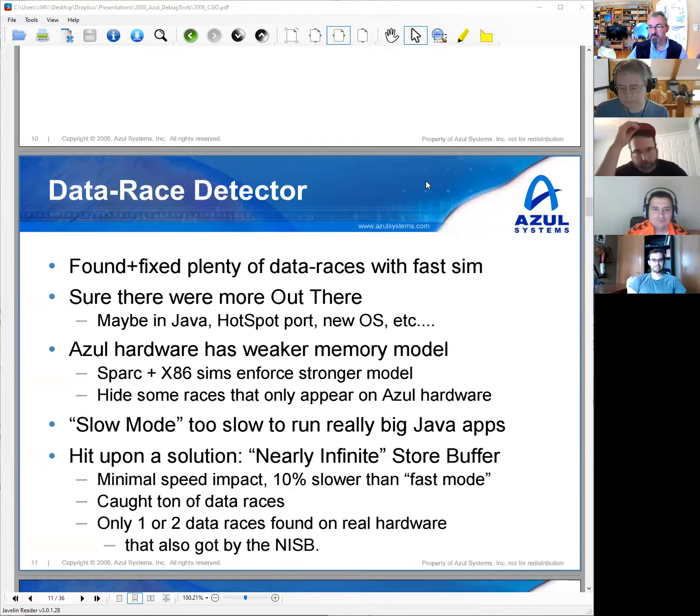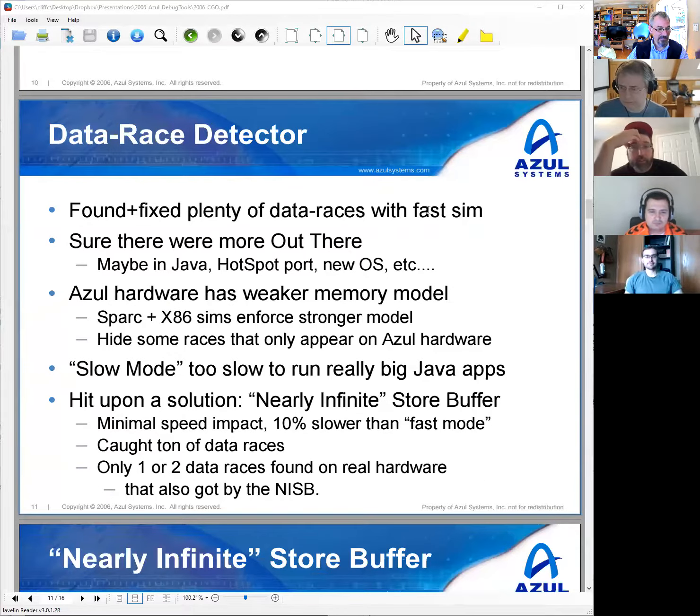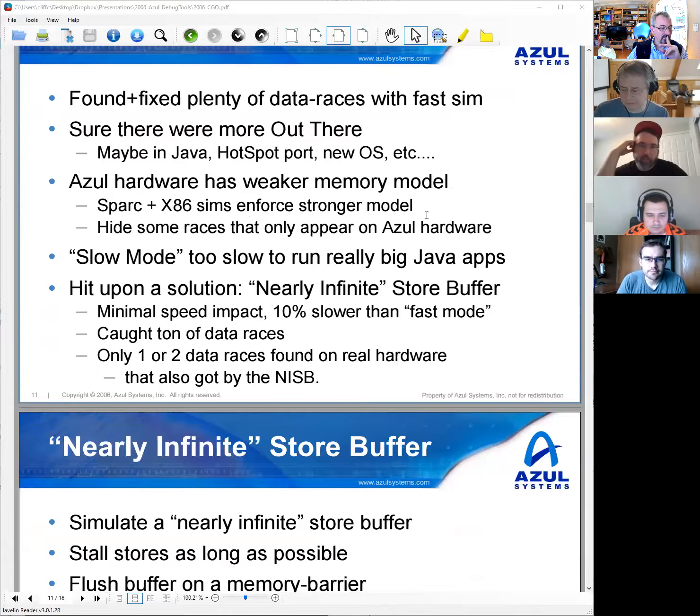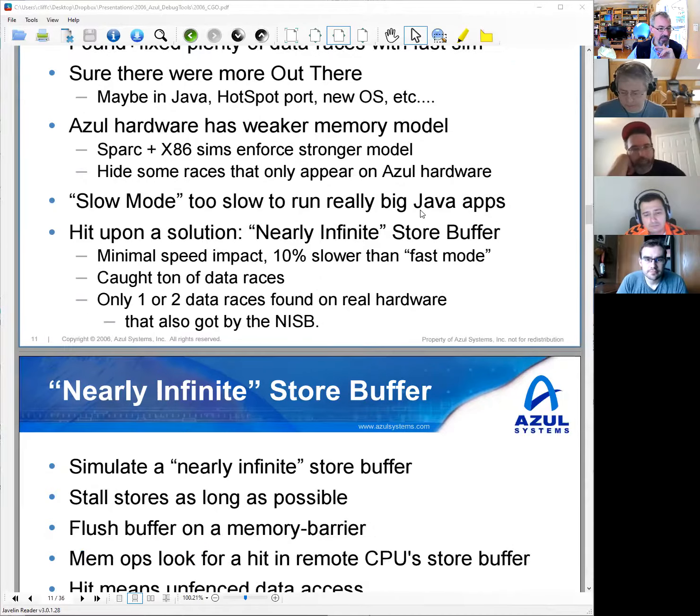Data race detector. I'm in the middle of a talk, so I've skipped the simulator in general. Fast mode was the one where we were only some X slower than we thought the real hardware turned out to be.